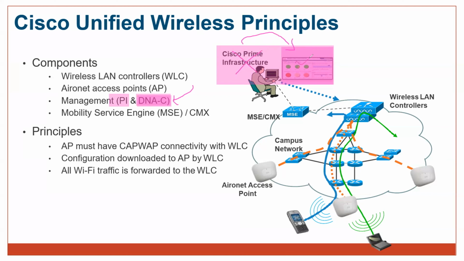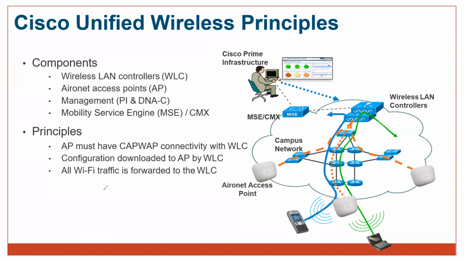This is the Prime dashboard, but Cisco is moving Prime to DNA, because DNA has so many different capabilities. You can do a good amount of work from DNA, and Cisco is adding new features every 2-3 months inside DNA.